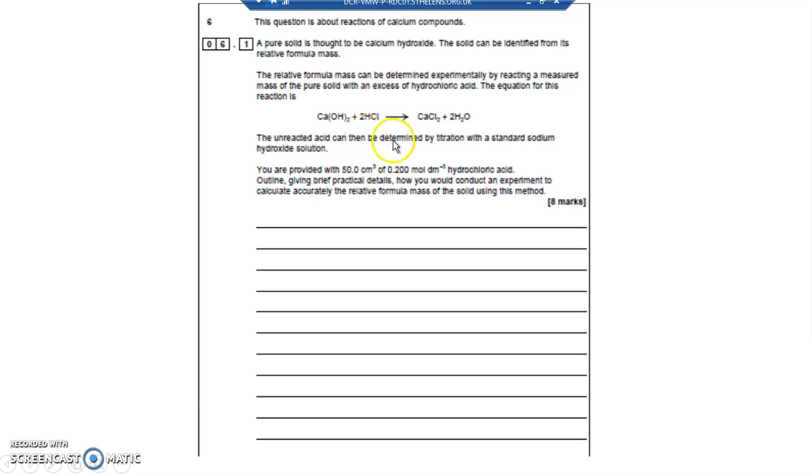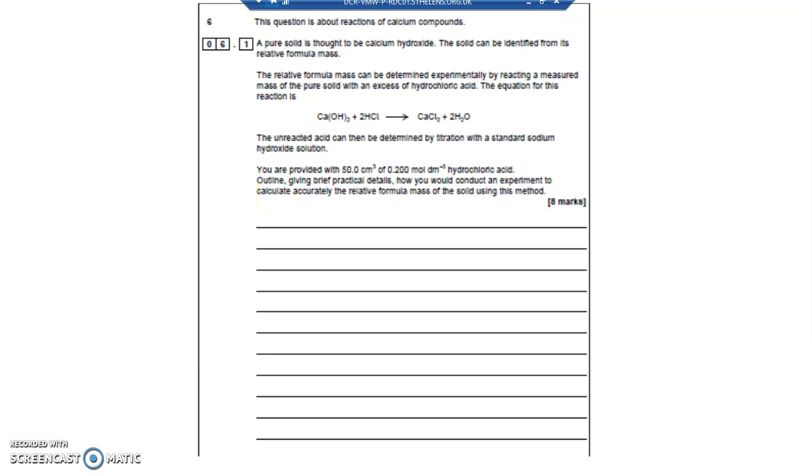That might be important. So the excess acid that you've got left over after the calcium hydroxide is reacted can be determined with titration with standard sodium hydroxide. So what you do is you take the leftover acid and you react it with sodium hydroxide. You know the concentration because you've made it up to a certain concentration, and you can work out the volume of sodium hydroxide that you've got to add from a burette.